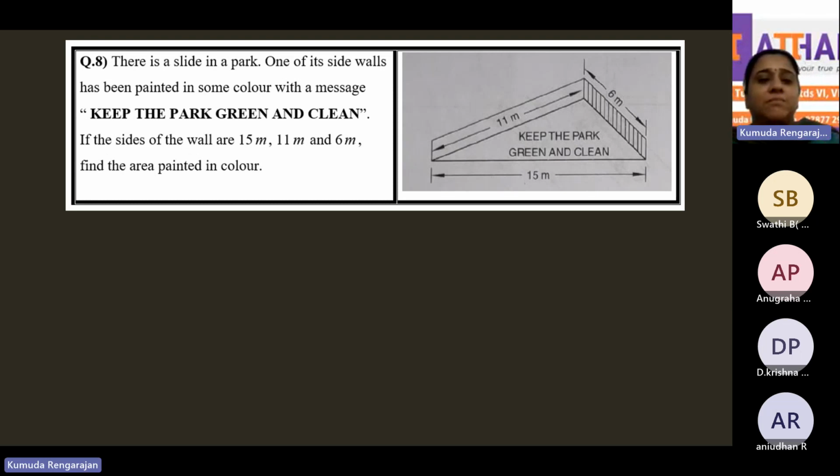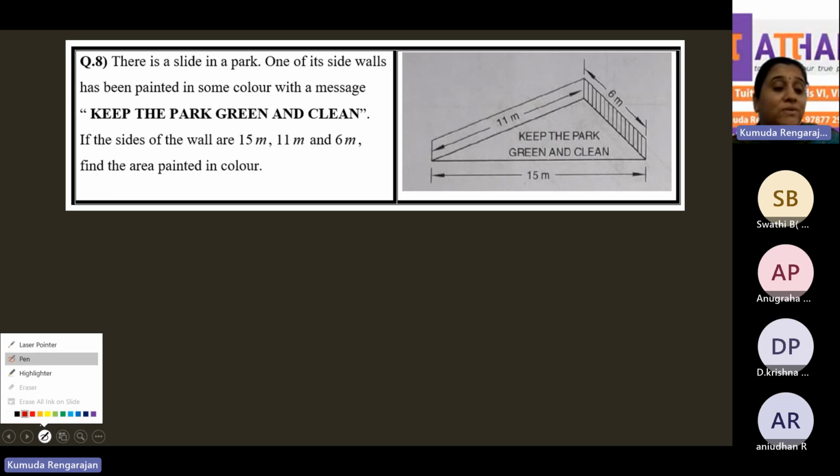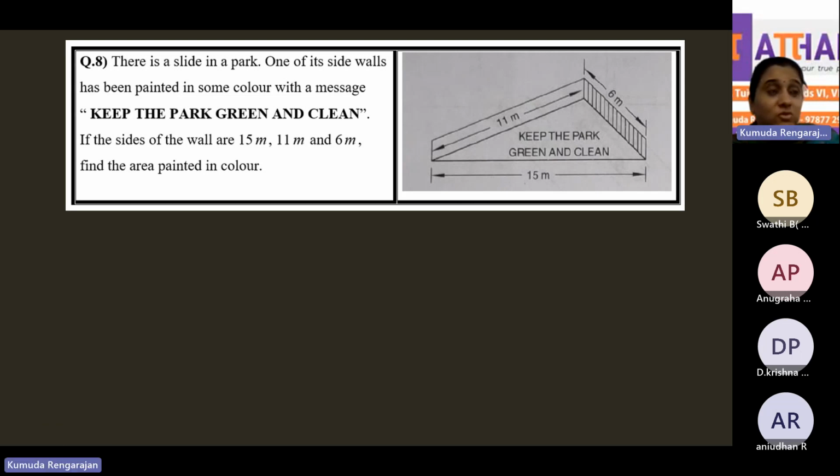Okay, so there's a slide in a park. On one of its side walls, it has been painted in some color with a message, keep the park clean. See, this you will not be able to understand. This one is a slide made of bricks and cement. In my times, now it's made of metal.